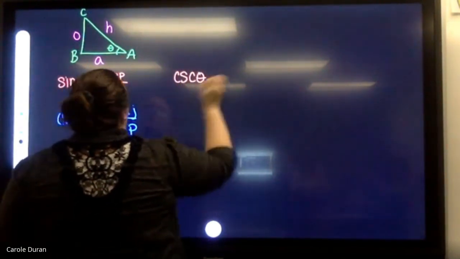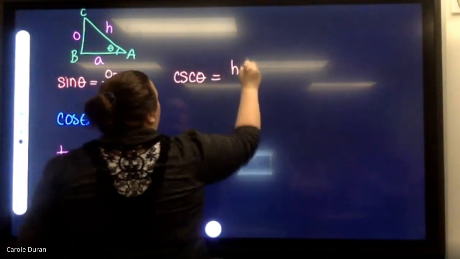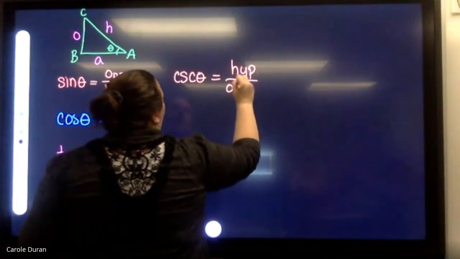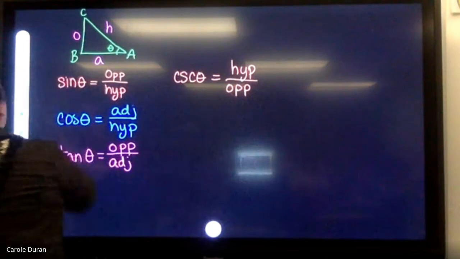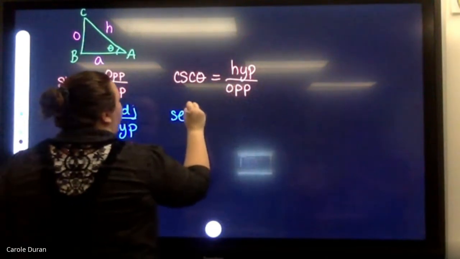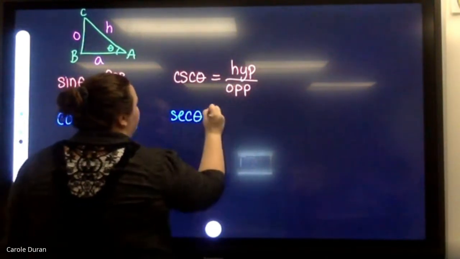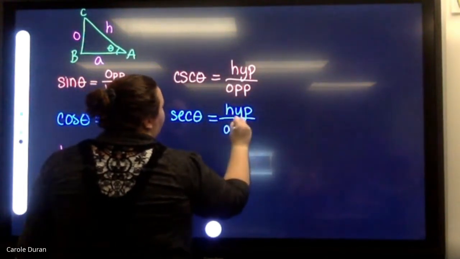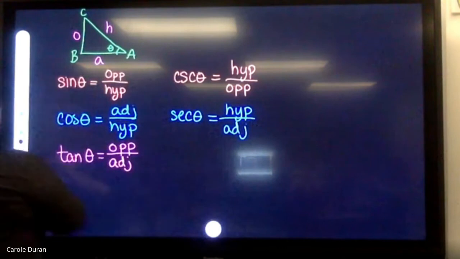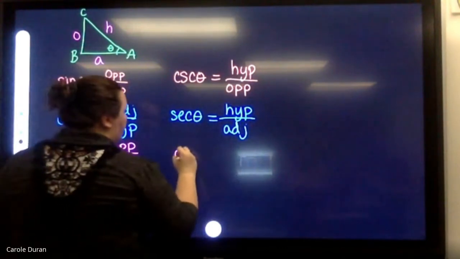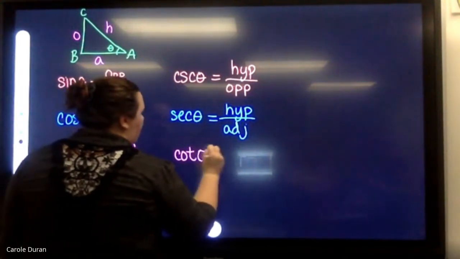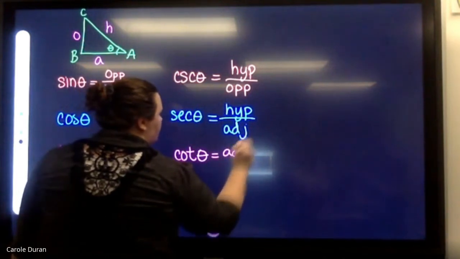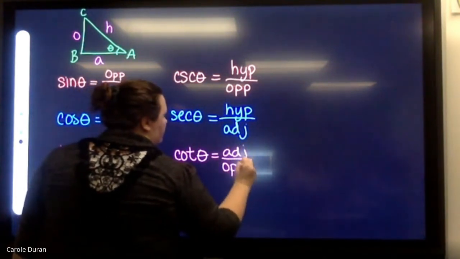So cosecant of my angle is equal to hypotenuse over opposite. Cosine's corresponding trig function is secant, and that is equal to hypotenuse over adjacent. And cotangent corresponds to tangent, and it is equal to adjacent over opposite.